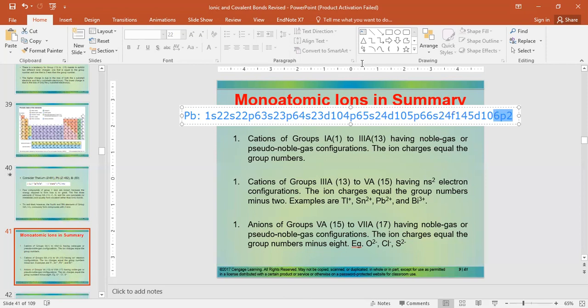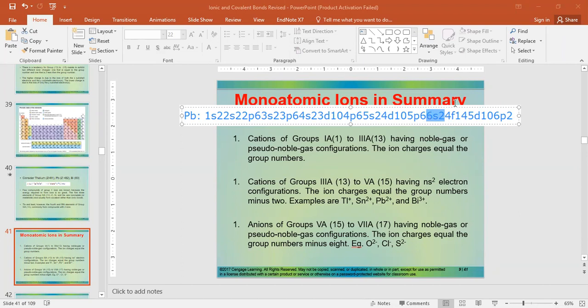Then if you have to form lead 4 plus, then these are the electrons to be lost. Now, the inert effect says this, that it is very difficult to transfer electrons from an s2 for the elements that have high atomic number. Okay, you can in your own free time Google or study a little about the inert effect.